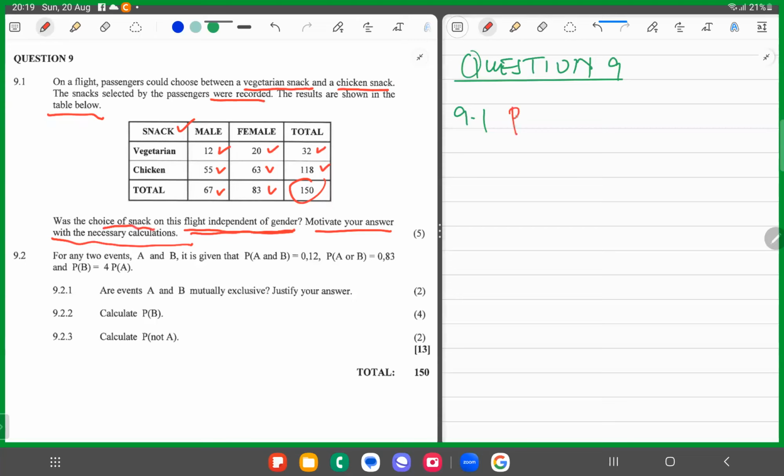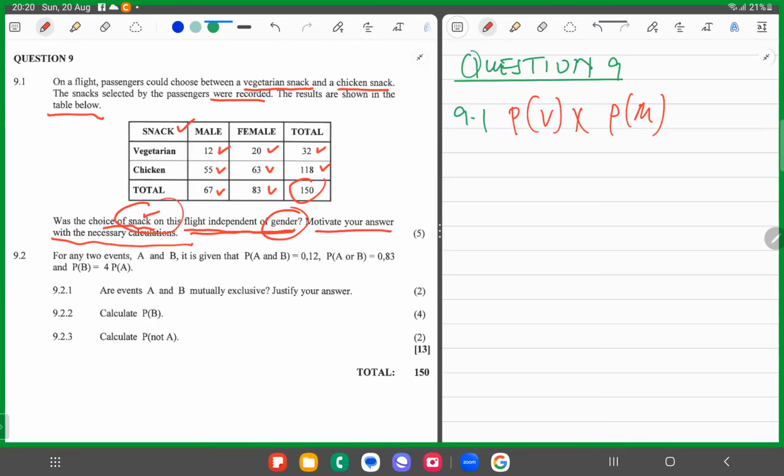So now the probability of choosing vegetarian times the probability of male. Was the choice of the snack on the flight independent of the gender?